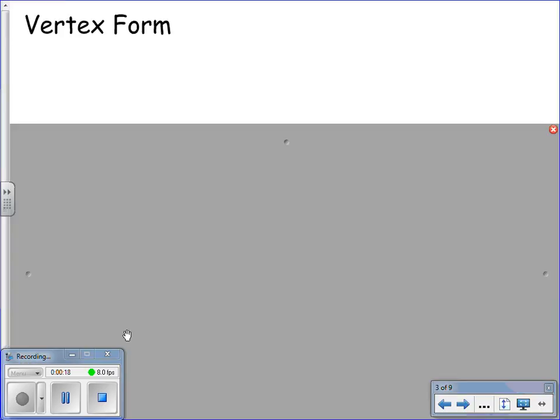So the next thing you want to do is write out the vertex form, which you already know. It's the same vertex form I put up on the board during homework questions. f of x equals a times the quantity x minus h squared plus k.